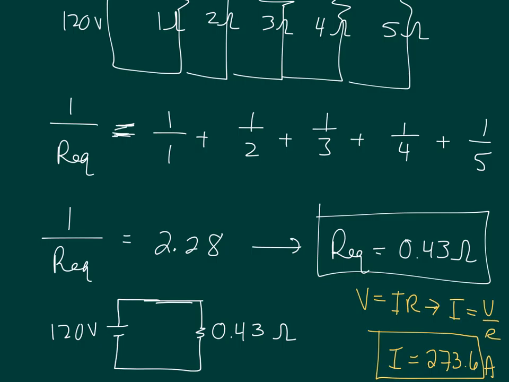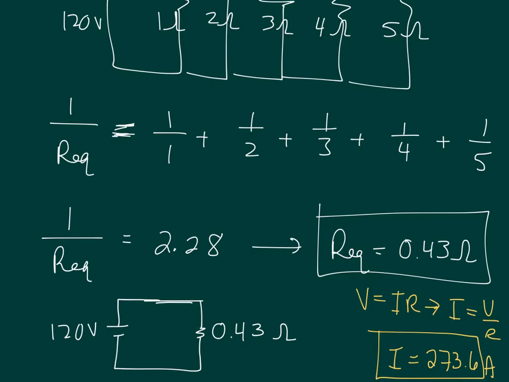Why is this a lot of current? The last example, what was the current, please? 17.1. And now we got 273. Why is that? You're taking voltage divided by resistance.